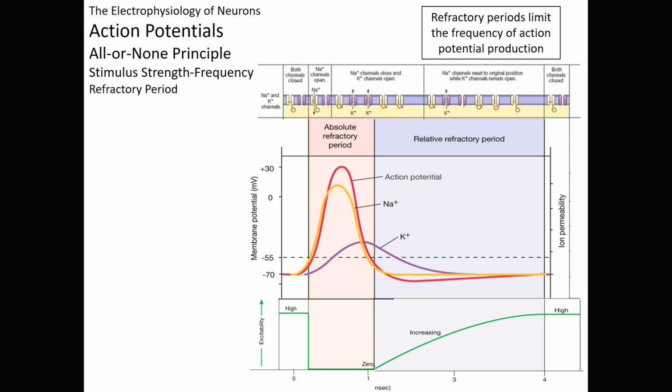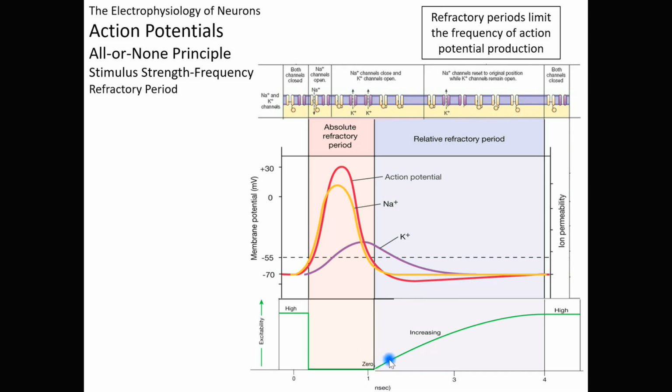So because there's still lots of them open, especially right at the very beginning of this relative refractory period, there's lots of potassium ions crossing the membrane, trying to hyperpolarize that membrane and oppose the ability to get back up to that threshold potential. That's why initially, although the excitability is not 0, it's still very low.